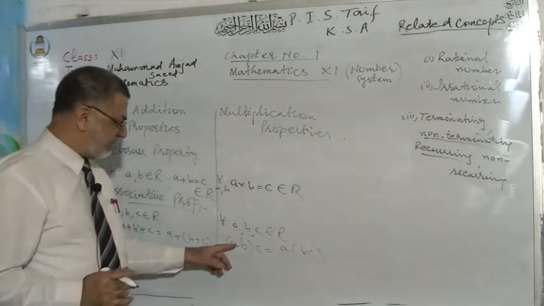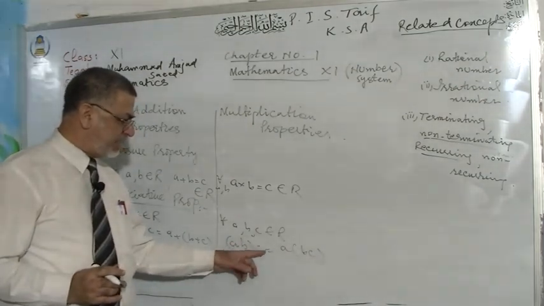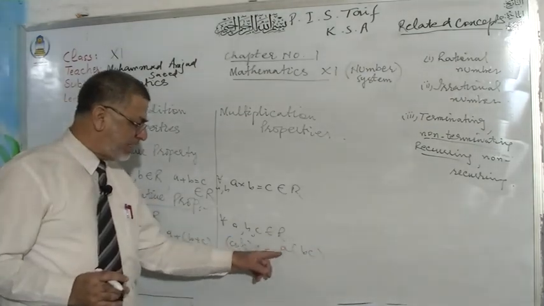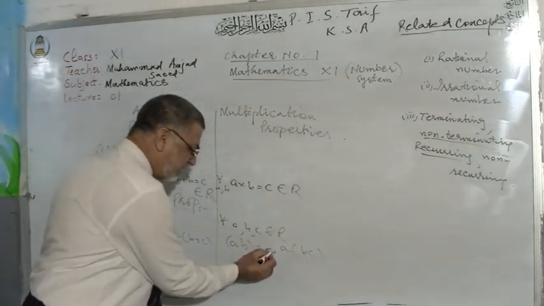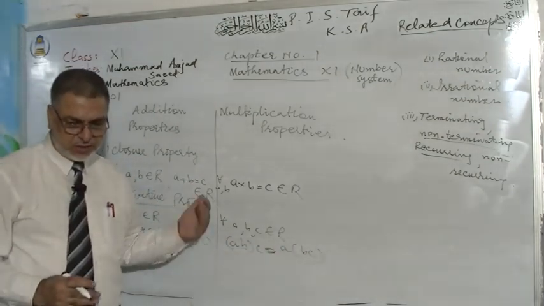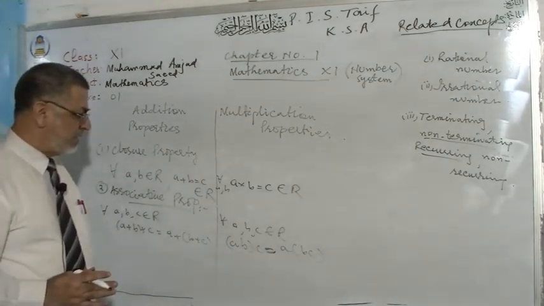You multiply them in this order. First two are multiplied, and C is separate. Then second and third are multiplied first, and then A is multiplied at the end. Left hand side must be equal to right hand side. So associative property of addition and multiplication is satisfied.